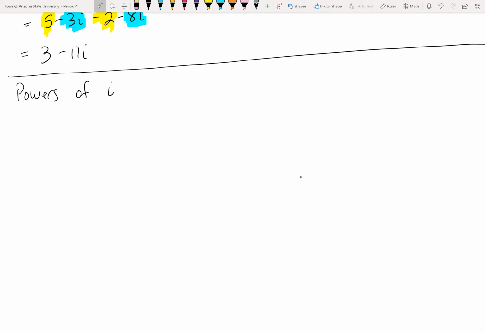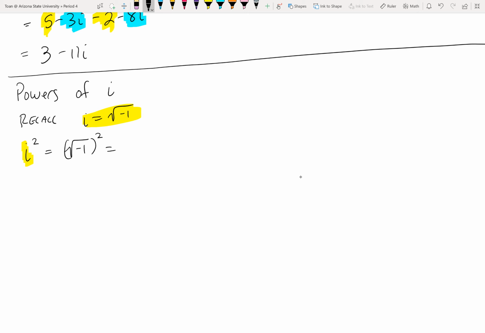So recall that i, by definition, is the square root of negative 1. If I were to put an exponent on this i, say a square, wherever I see an i, I'm going to substitute the square root of negative 1. So in this instance, it'd be the square root of negative 1, squared.